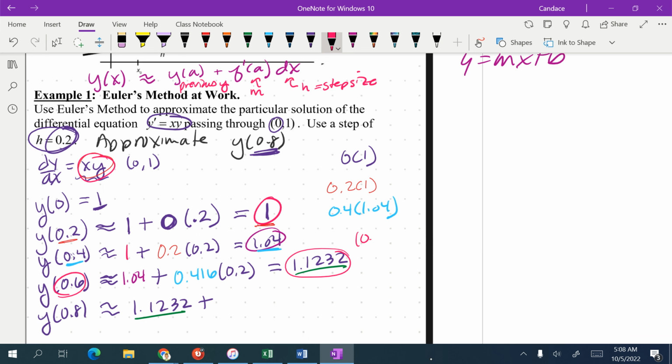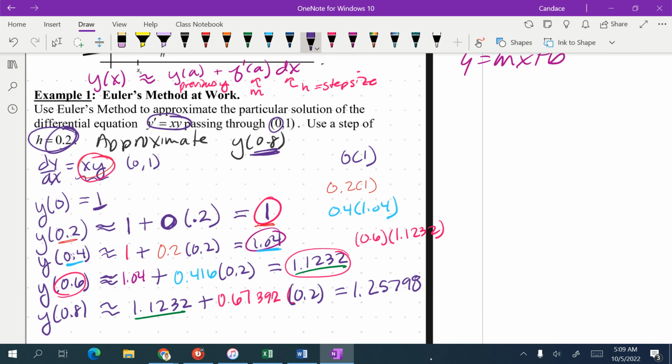I multiply together the 0.6 times 1.1232. When I do that, I get 0.67392. Then I have to multiply that by my step size of 0.2. When I add all that up and multiply, I end up with 1.25798.